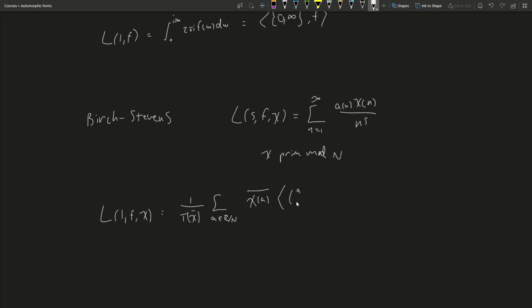So (a, *; N, *), where the stars just make it an element of SL2(Z), and then here you have f. So this is saying the path from i infinity to γ i infinity. So this is, say, the integral from i infinity to a over N, if you like.